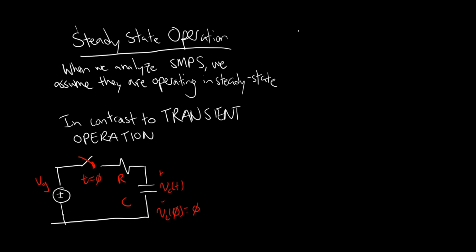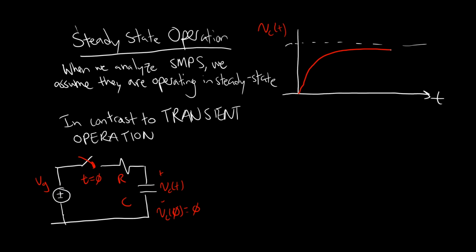And if you were to solve this, and I'm sure you did solve this, I'll do it in red. What you would find is that the capacitor voltage looks something like this. Again, it started at 0, and then it slowly rose up until it reached some maximum value, the final value, which in this case is the input voltage, which I've labeled Vg.